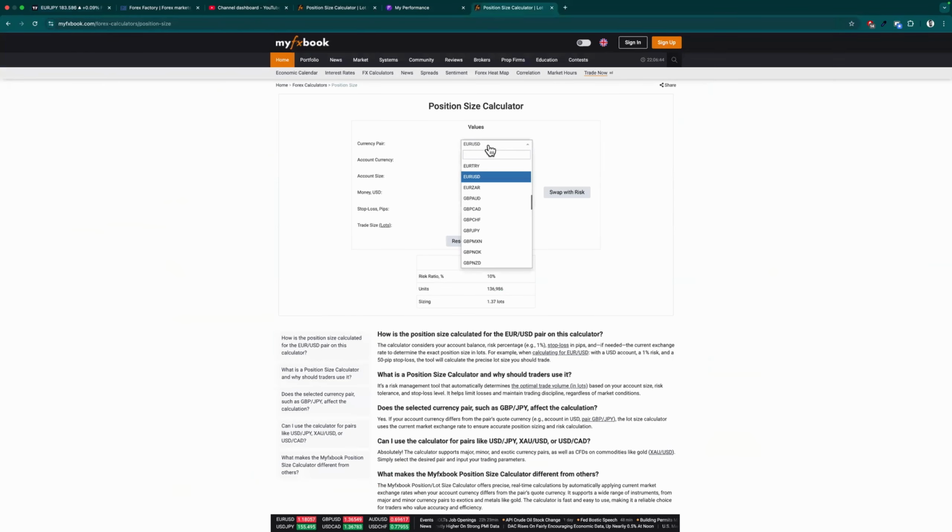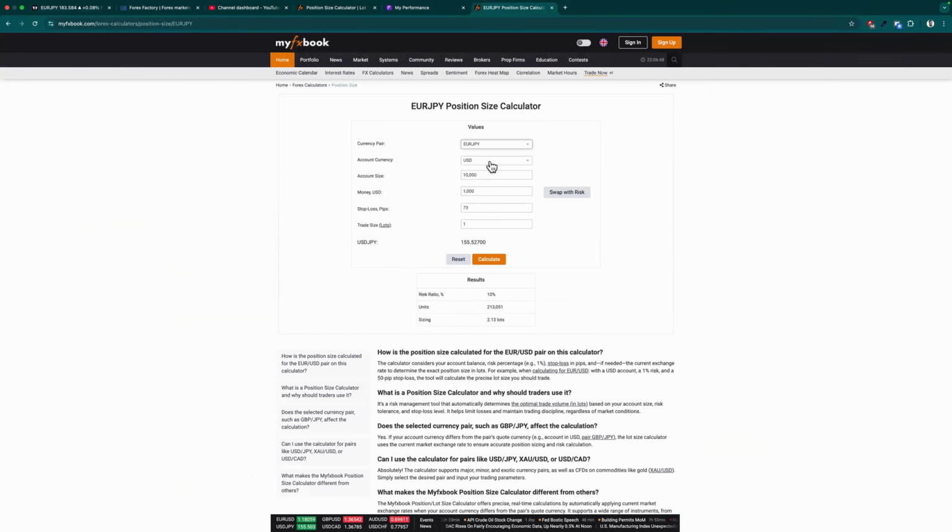Here you have to select Euro JPY and 95 pips, and it's 1.64 lots if we are risking $1,000. So that's how you use the position size calculator. You can put any currency here and get your position size. I hope that is clear.